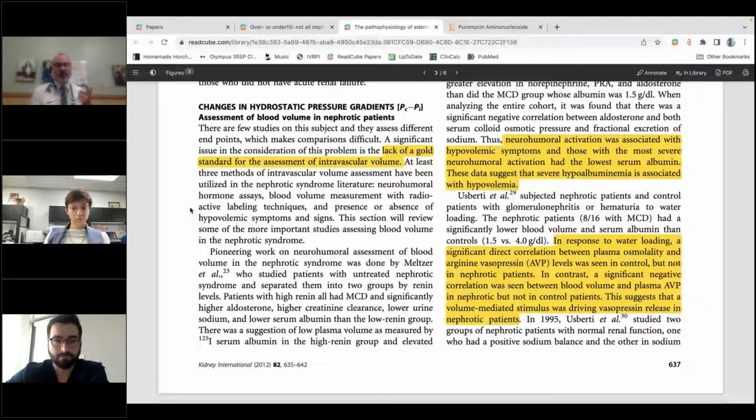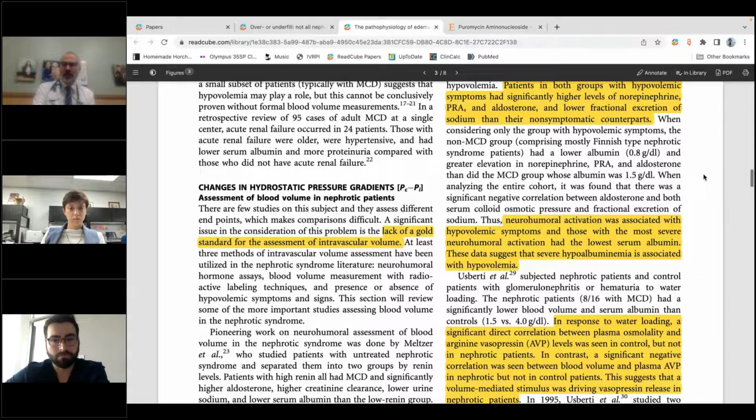We look at physical exam if they are showing evidence of dehydration or hypovolemia. And then lastly, we can use radioisotopes of albumin to evaluate it, but that's obviously a challenging thing to do, which is not readily clinically available. So that's a good caveat to begin with, that assessing volume is difficult.